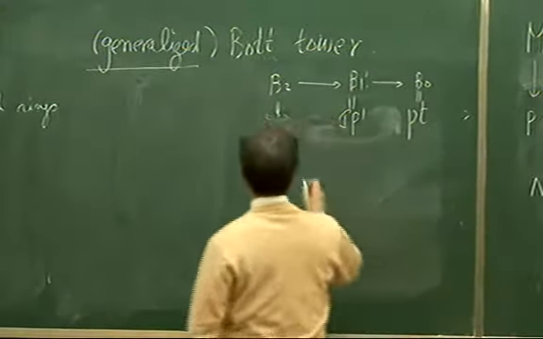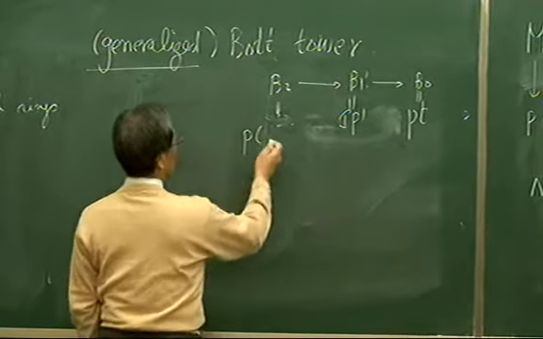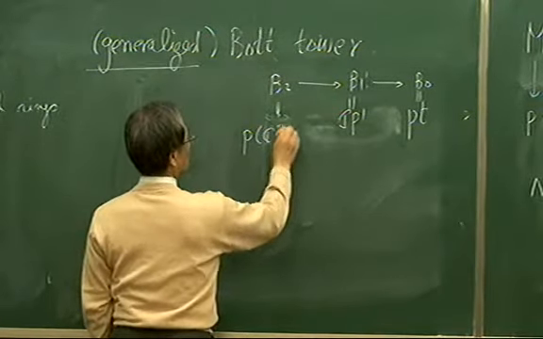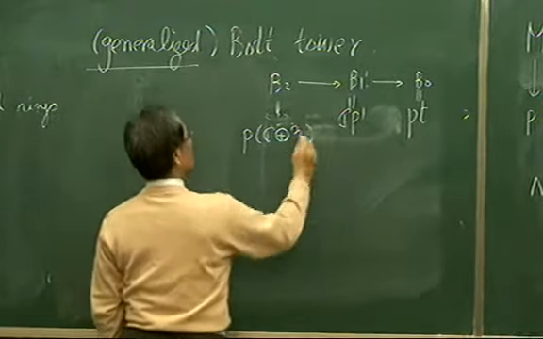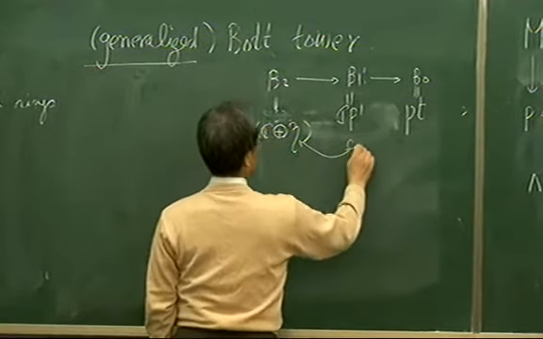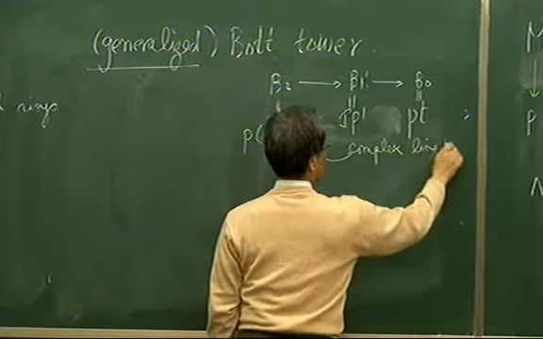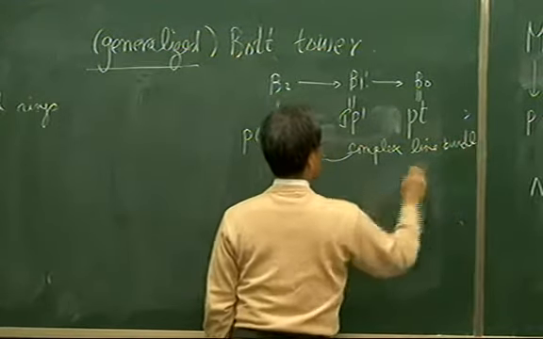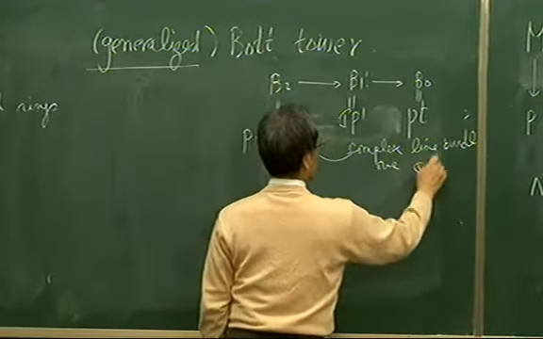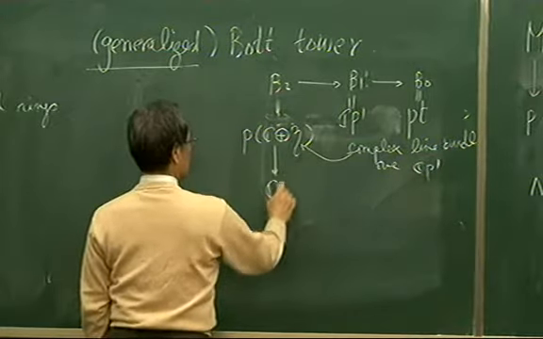So you have the projectivization of C plus a complex line bundle over CP1.